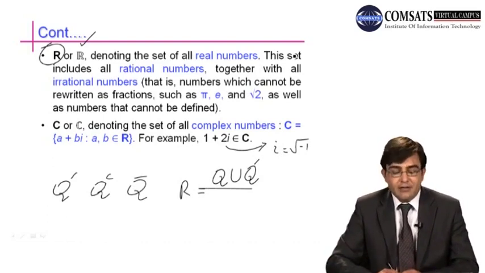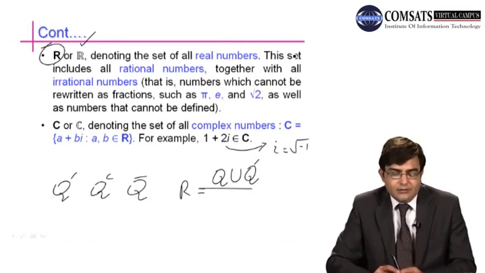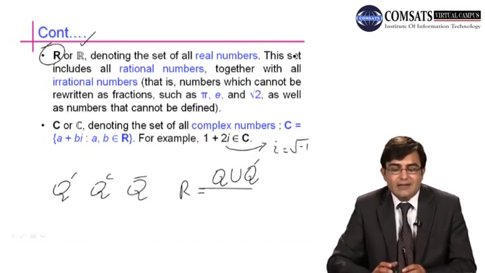Such numbers are called complex numbers, and the set of complex numbers is usually denoted by capital C. So these sets are basically the special sets. These contain particular types of numbers, and they have particular notations also.